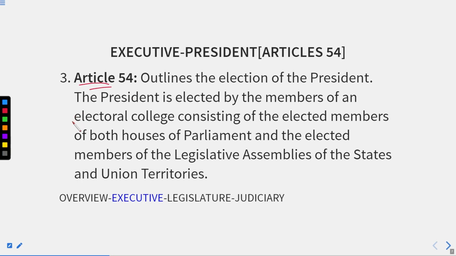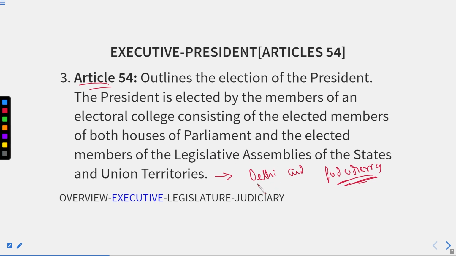Thereafter, Article 54 outlines the election of the president. The president is elected by the members of an electoral college consisting of the elected members of both houses of parliament and the elected members of the legislative assemblies of the states and the UTs. And UTs means only Delhi and Puducherry. Please remember this. Got it?